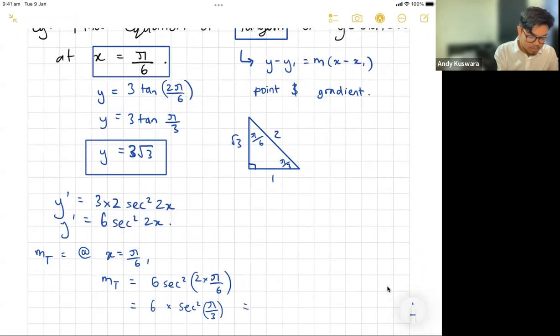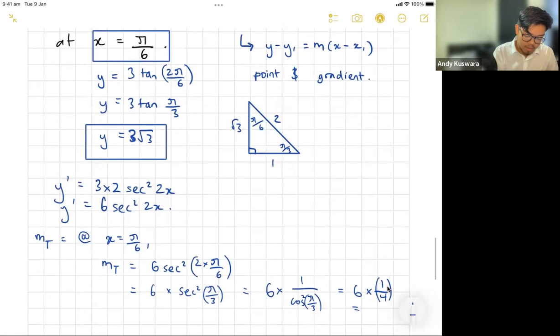And that's going to be the same thing as 6 times, and sec is 1 on cos, so I'm just going to write 1 on cos pi on 3, because they're the reciprocal function, squared. And so cos pi on 3 is half. So it's going to be 6 times a half squared, which is a quarter. And so I'm going to get 3 on 2. That's the gradient of my tangent.